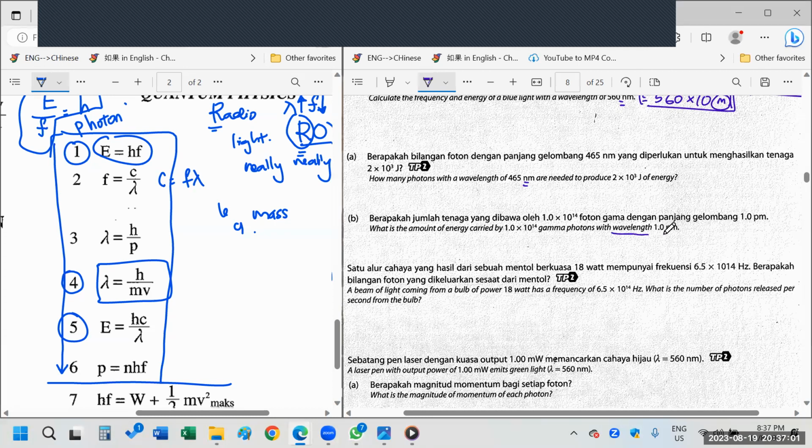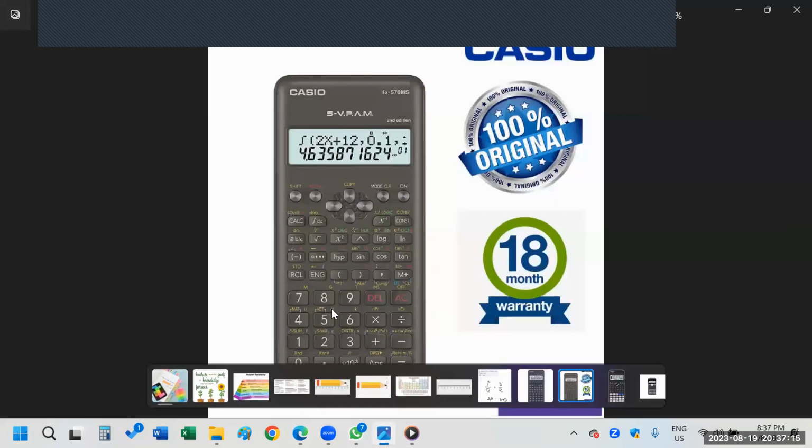This one, wavelength 1.0 pm, doesn't mean 1 pm. No. P means picometer. So where is pico? Shift 2. 1, shift 2, pico, then equal sign.